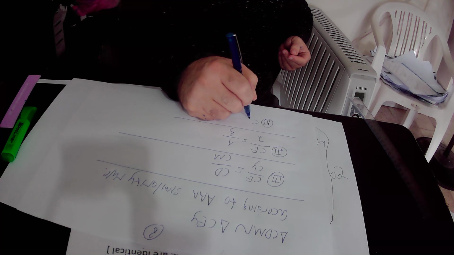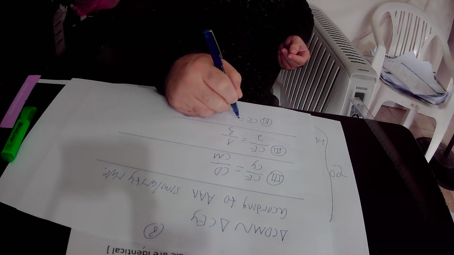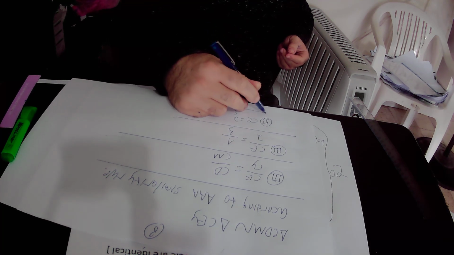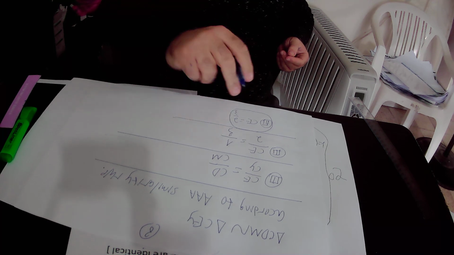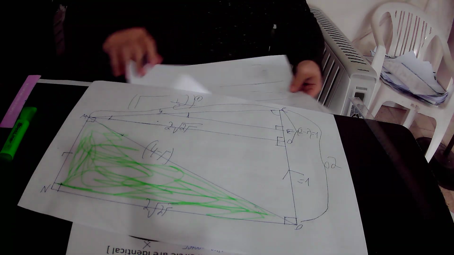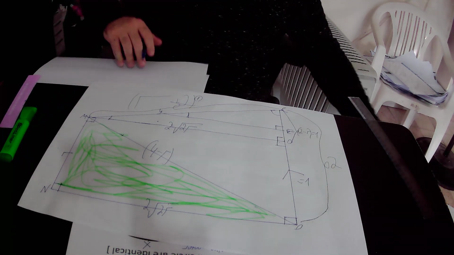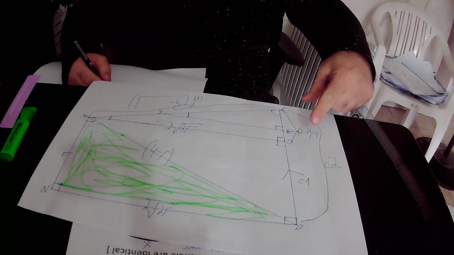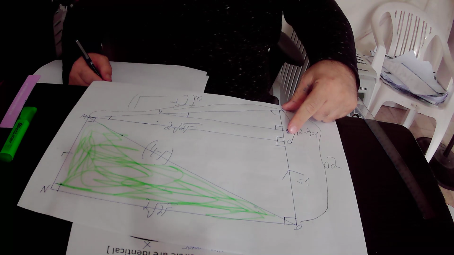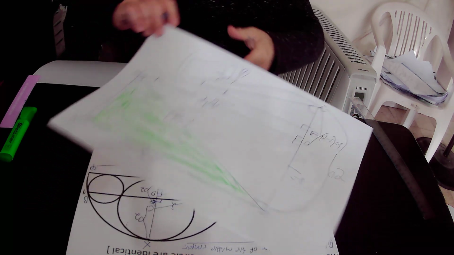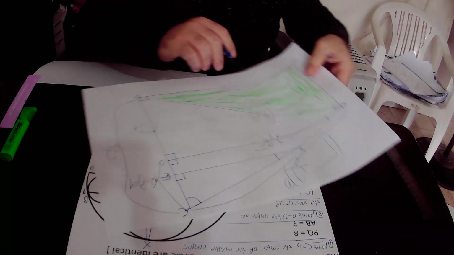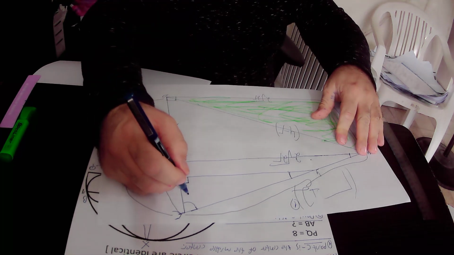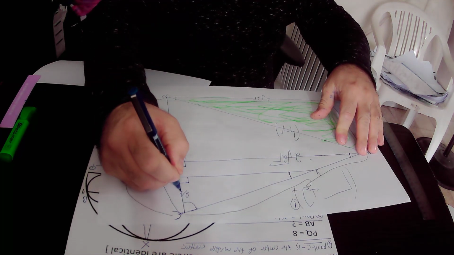CE, according to equation number 3, equals 2 over 3 units. So we can write here that CE equals 2 over 3 units.